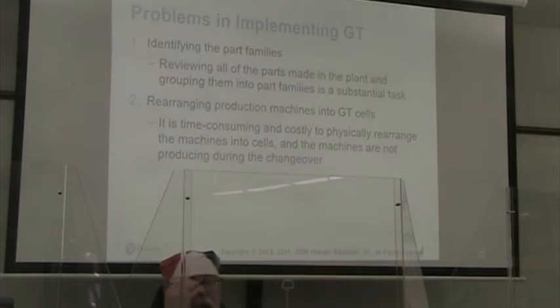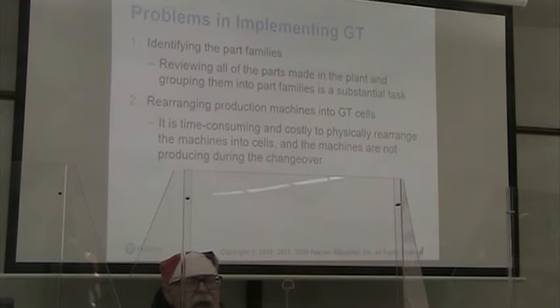So what are the problems with implementing group technology? First of all, there's identifying the part families. Looking at all the parts made in a plant and grouping them into part families can be a very large task.